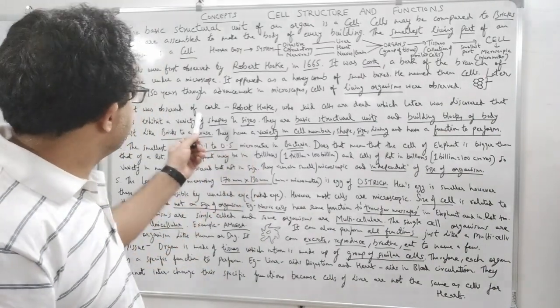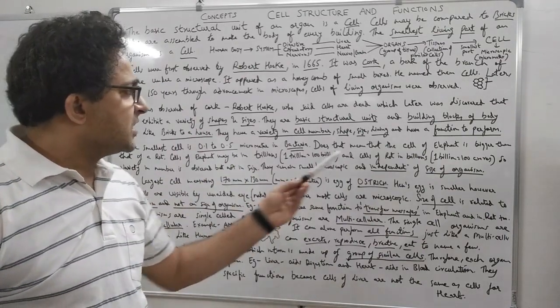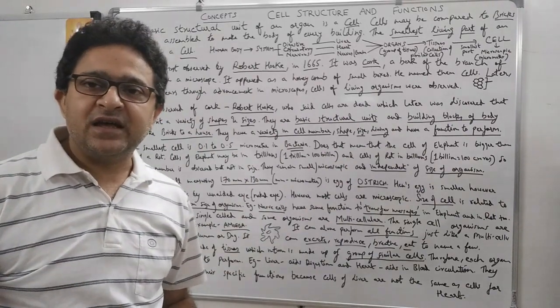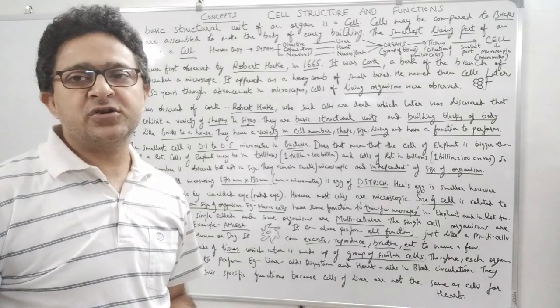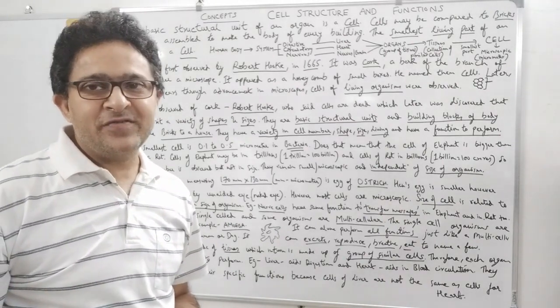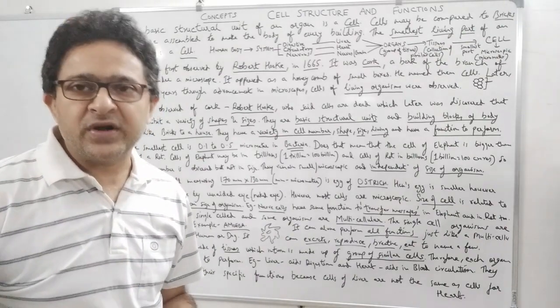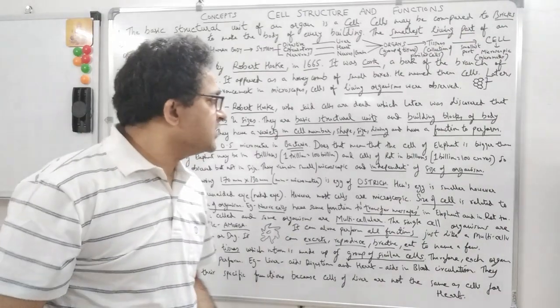And after 150 years, it was discovered that they are the building blocks of the body, right? They have a variety in shape, size, number, and a specific function to perform. But we cannot take the credit from Robert Hooke, who laid the foundation for the discovery of the cell. Now we move further.